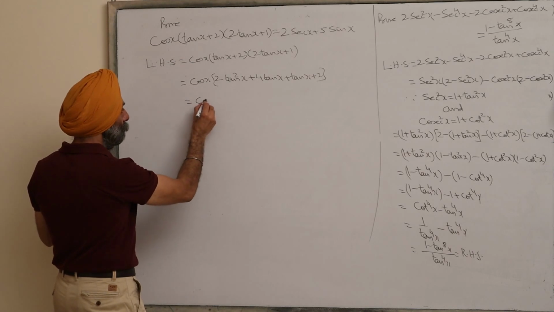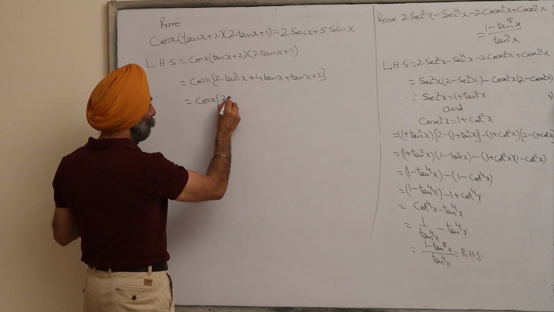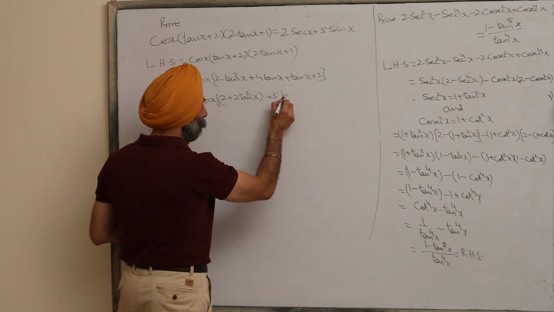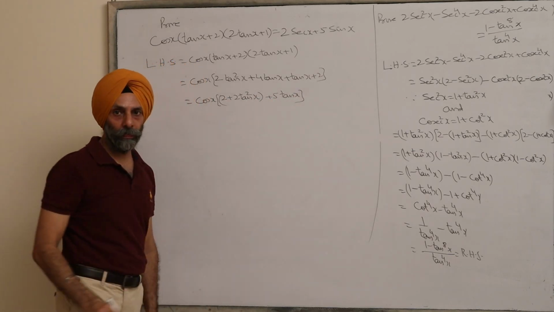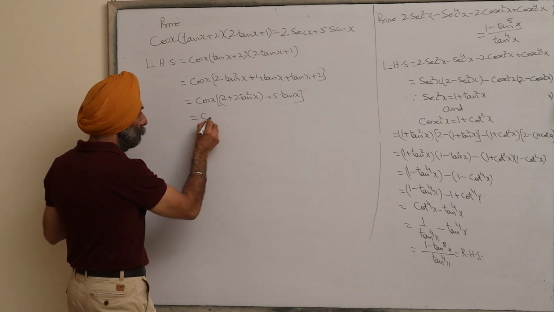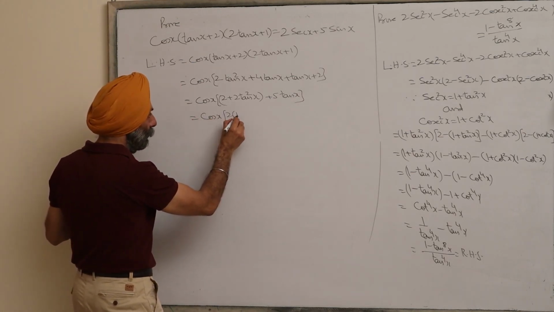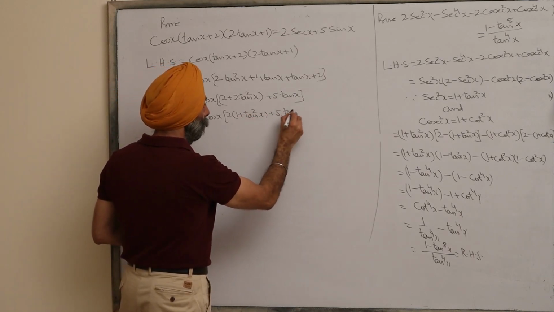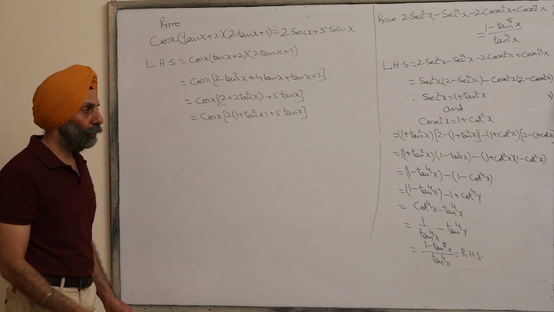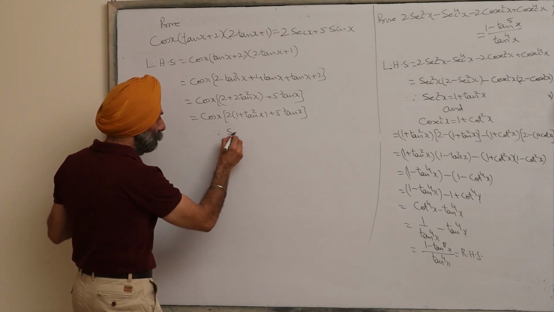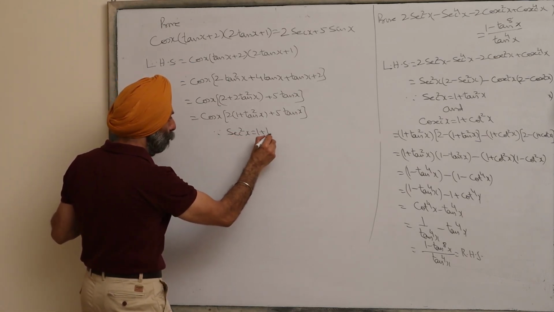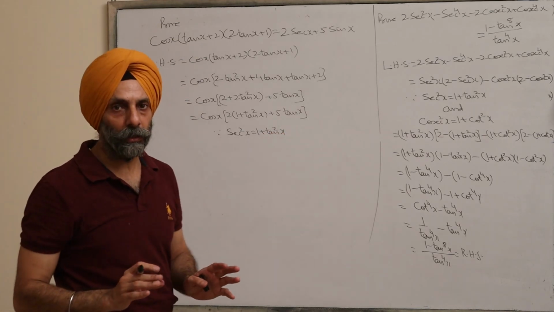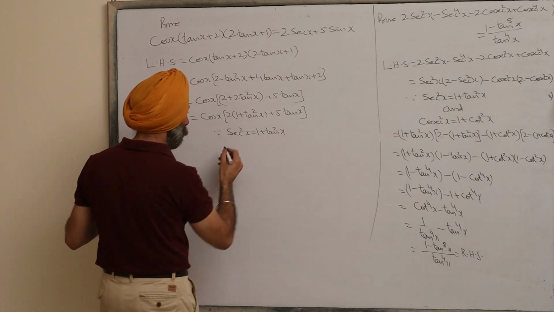Now this is cos x into 2 plus 2 tan square x plus 5 tan x. Now this can be written as cos x into, take 2 common, it is 1 plus tan square x plus 5 tan x. Now because secant square x is equal to 1 plus tan square x, as we have already discussed this identity, use this in the above step.